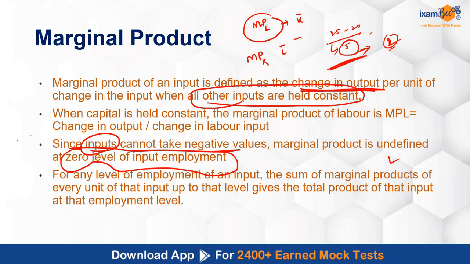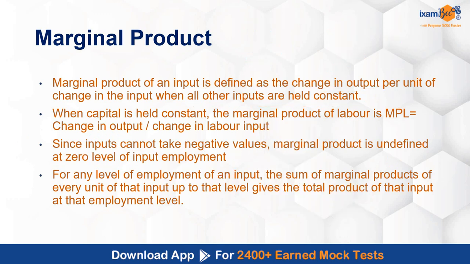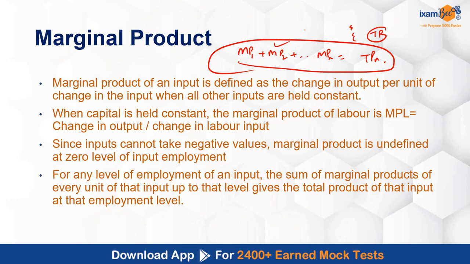And the total sum of marginal products will be your total product at any level of employment that we are talking about, right? Because marginal से ही तो add हो के total product बनता है. So when you add the marginal product at first level, second level and so on till nth level, you get the total product, right? This is what it is.